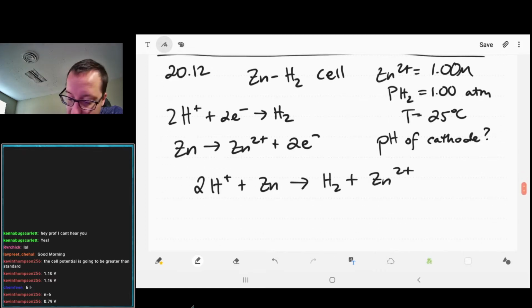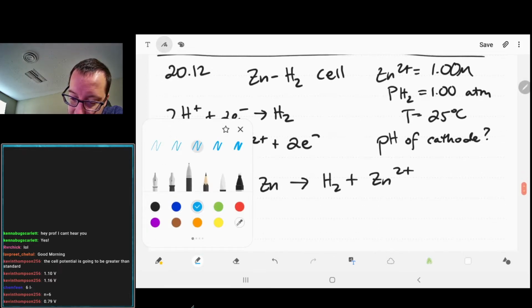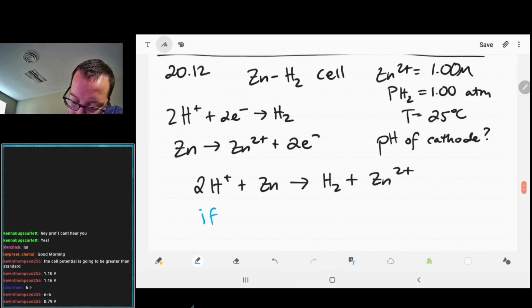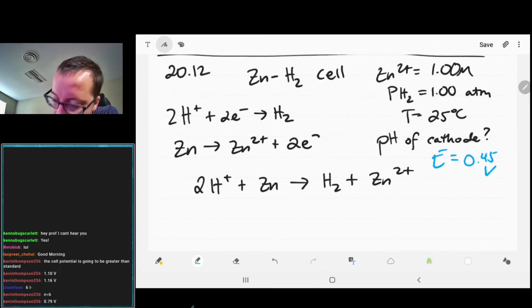So I think the last thing, by the way, I forgot to give us E. E was given in the problem as 0.45 volts. Now we can find out what the pH is going to be of the cathode.